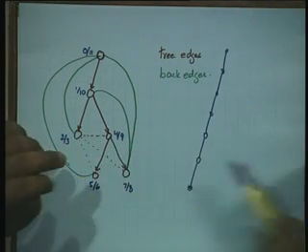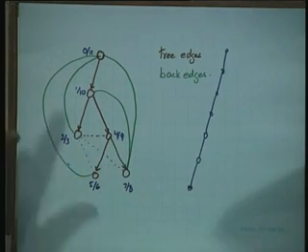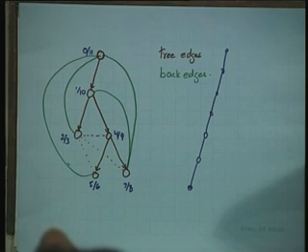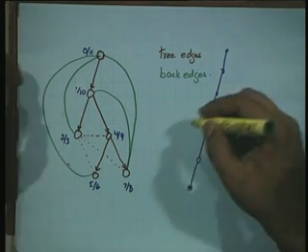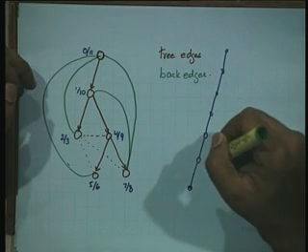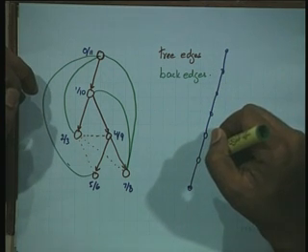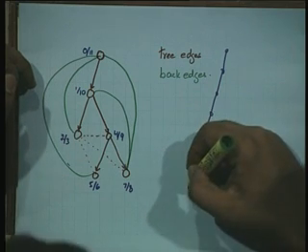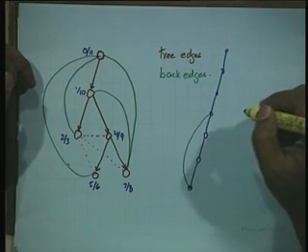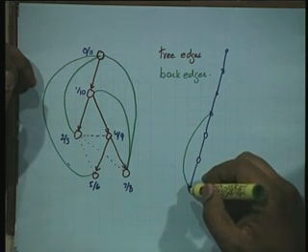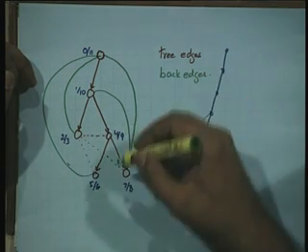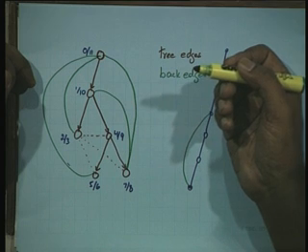These are clearly vertices which have already been visited. So there could be edges from here to here, but why can't there be an edge from here to some other vertex which has already been visited?